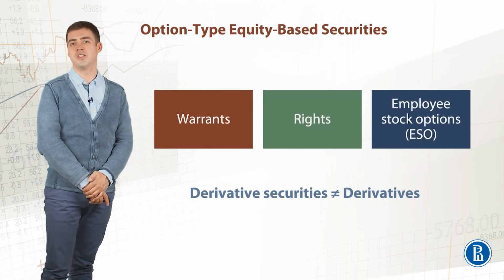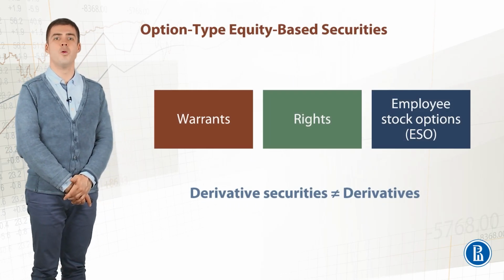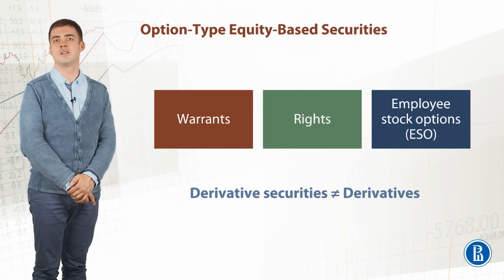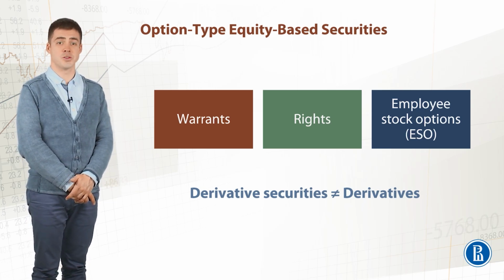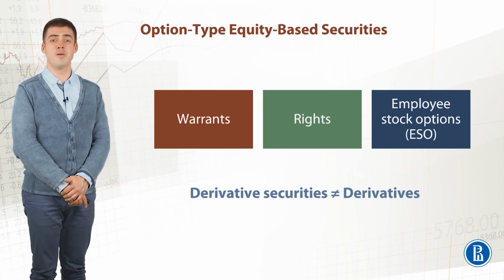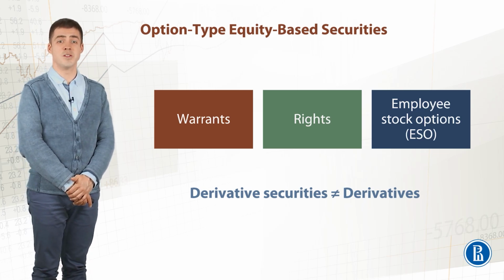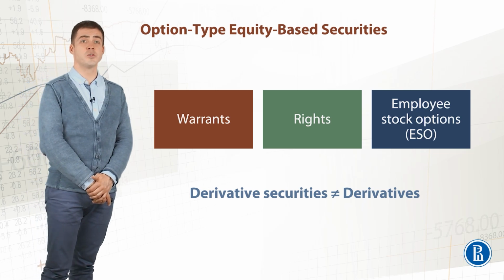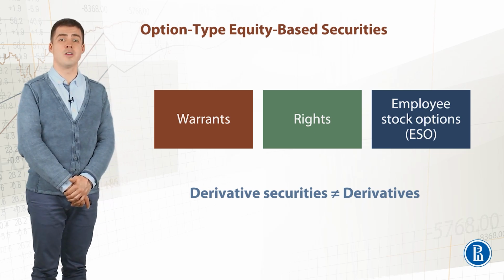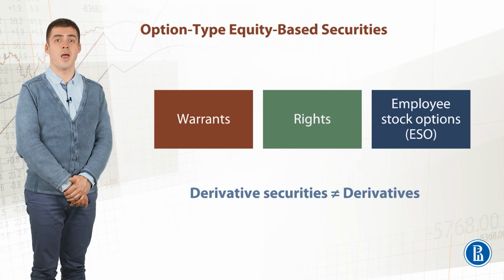Option-type equity-based securities include warrants, rights, and employee stock options. I would like to make the difference between derivative securities and derivatives, because these option-based securities are not options themselves. And the difference is rather clear.